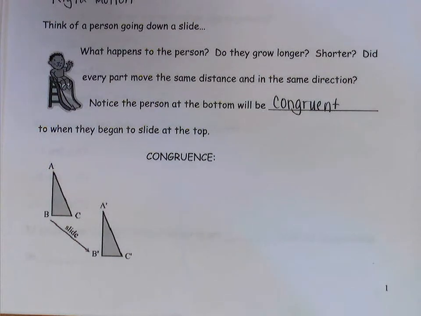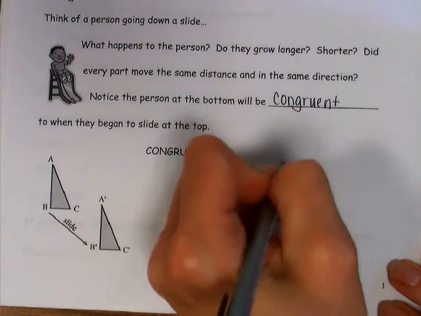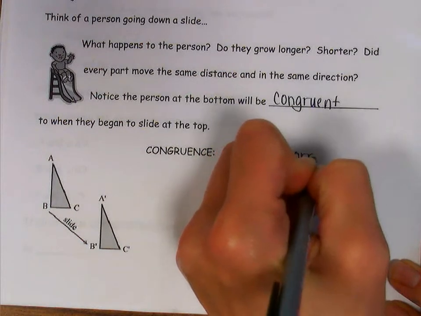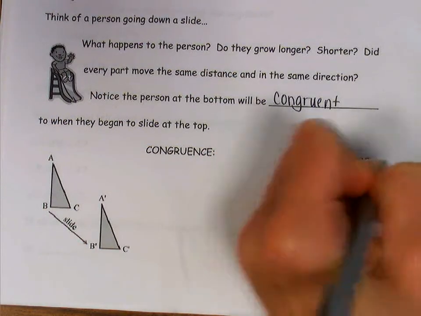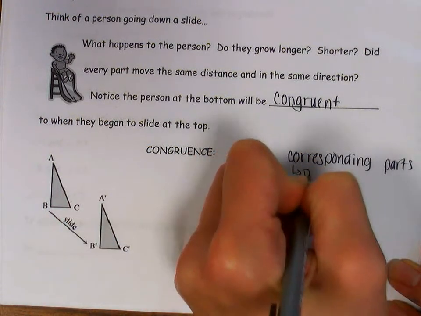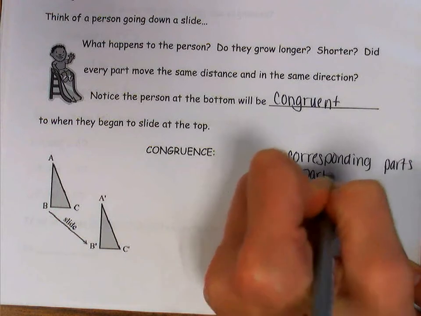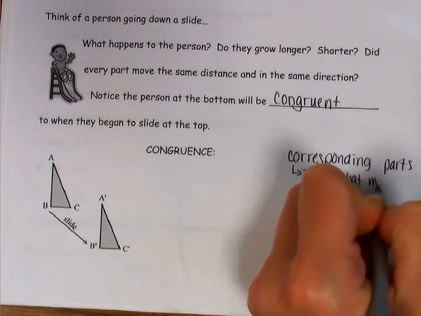So when we take a look at translations, there's a couple of key concepts that come to mind, and one of them is congruence. So with congruence comes corresponding parts. Another great mathematical term. So corresponding parts are parts of figures that match up.